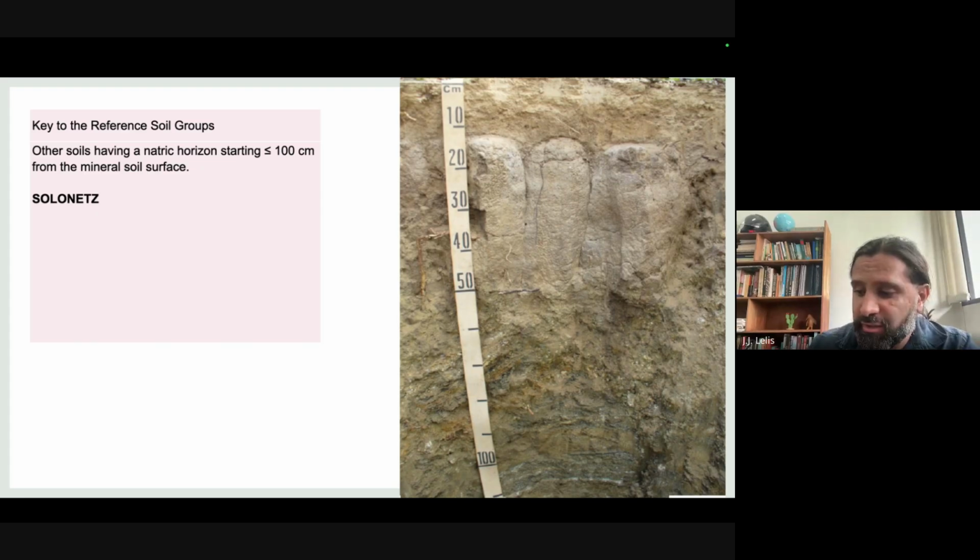I cannot remember very well the natric horizon. The natric horizon is that horizon that has columnar or prismatic structures.